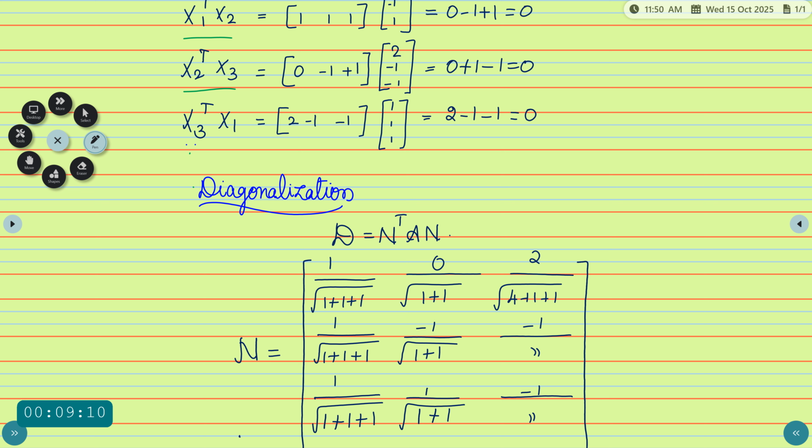This is the orthogonal condition. Transpose means what? Row becomes column. So I am going to write the first eigenvector column-wise, 1 1 1, and we are multiplying, you are getting 0. Similarly, we have to check the other two conditions. So all the conditions are verified. Therefore, the orthogonal condition is satisfied.